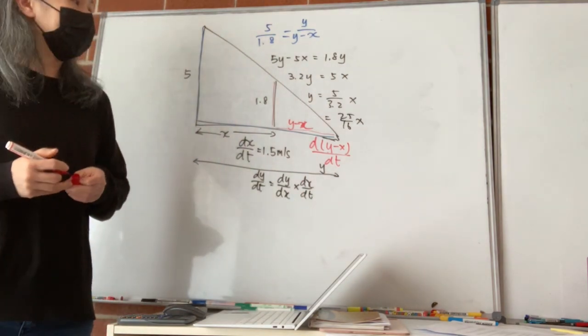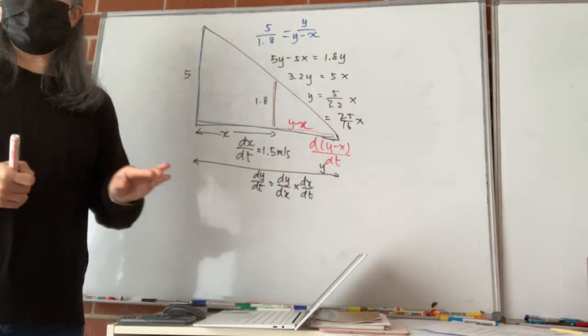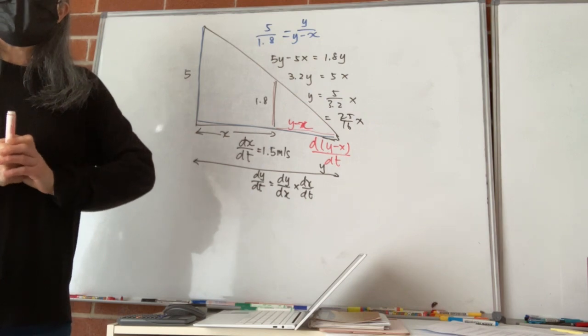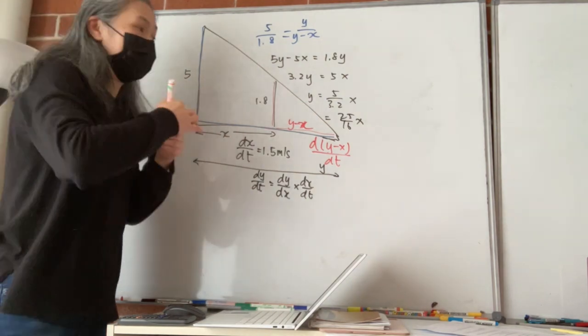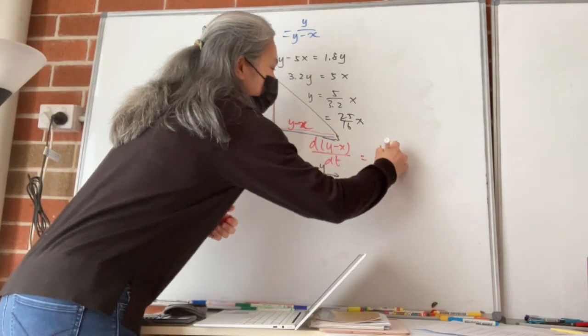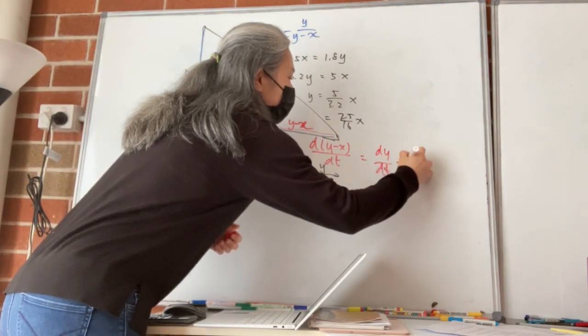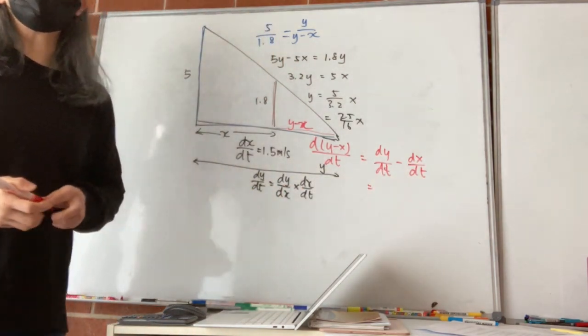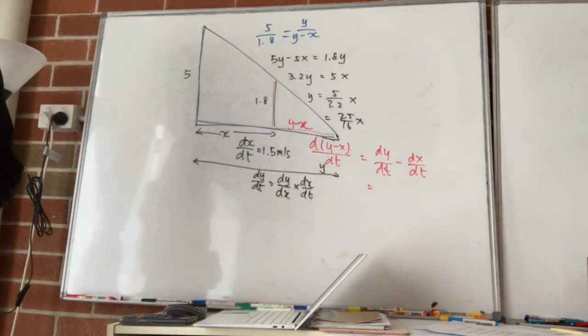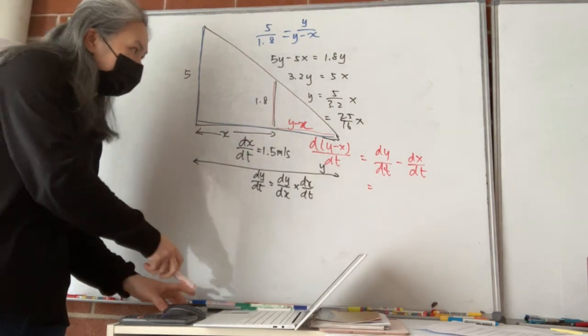That sounds weird, but it's okay. It's just normal algebra, you can break it up: dy/dt minus dx/dt. You already know both values, so just put them in and you will find it.